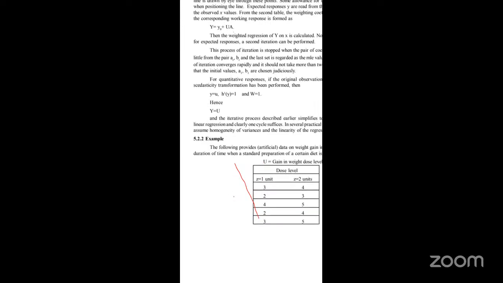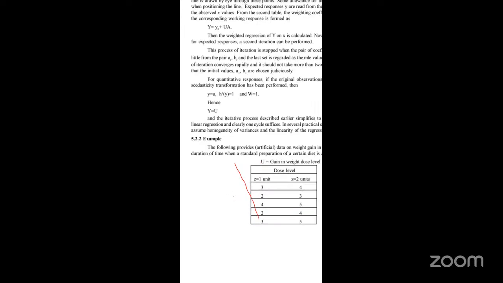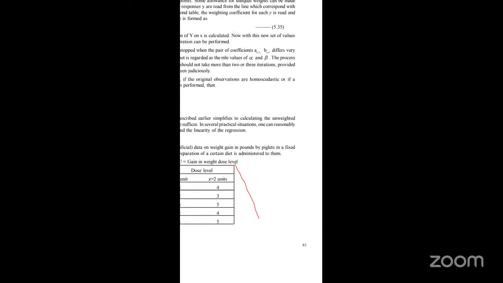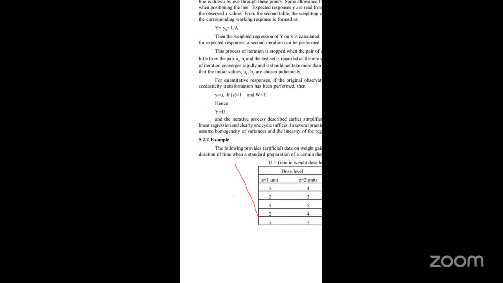So the initial values A, B are chosen judiciously. For a quantitative response, if the original observations are homoscedastic or a statistical transformation has been performed, then y equal to u, h of y equal to 1, where capital W equal to 1, capital Y equal to u.